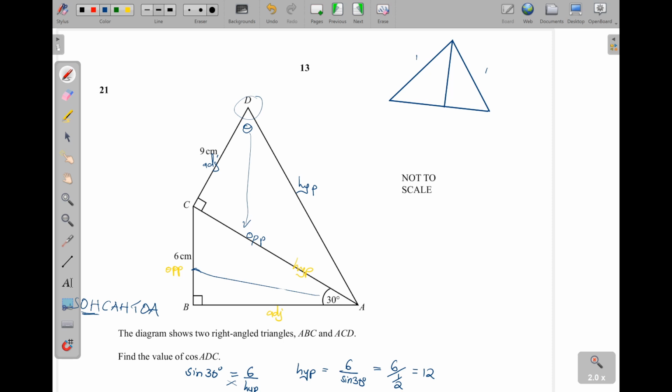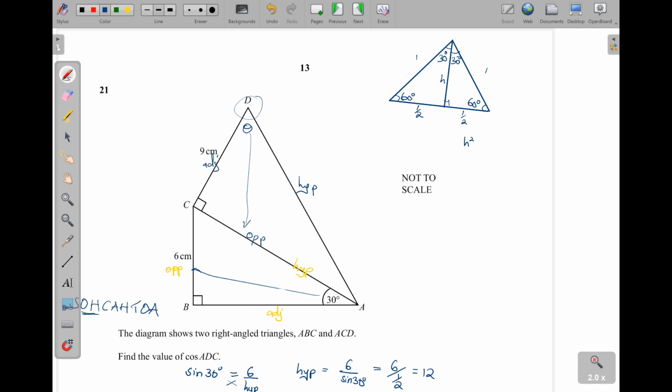So if this one is 1 unit, that means this one can be a half and this one can be a half. Since this is an equilateral triangle, we have 60 degrees here, 60 degrees here, and even up here it is 60 degrees, but divided into 2, this will be 30 degrees and 30 degrees. Now, we need to get this height here. Now, this is a right angle triangle. I can use Pythagoras theorem.